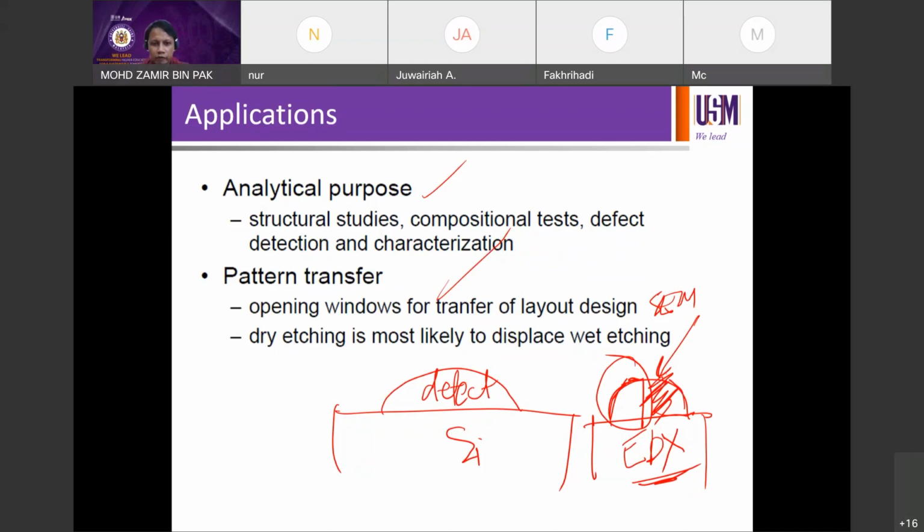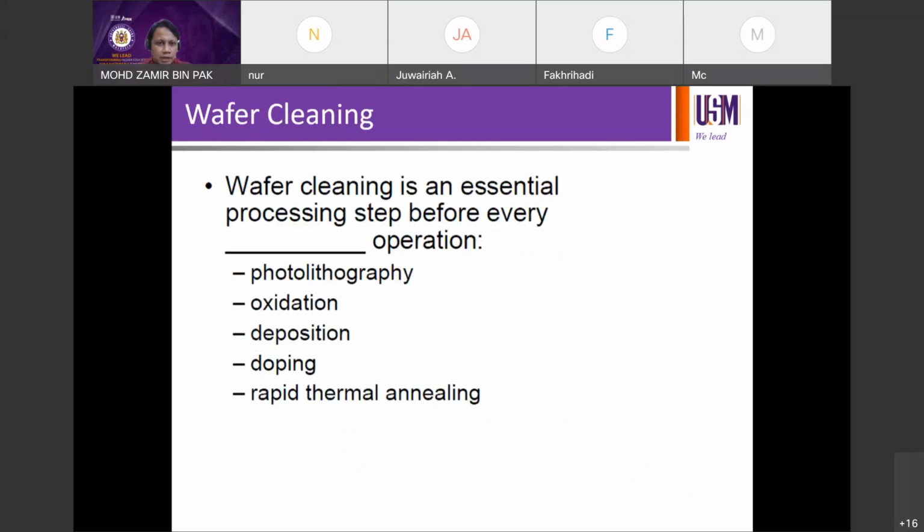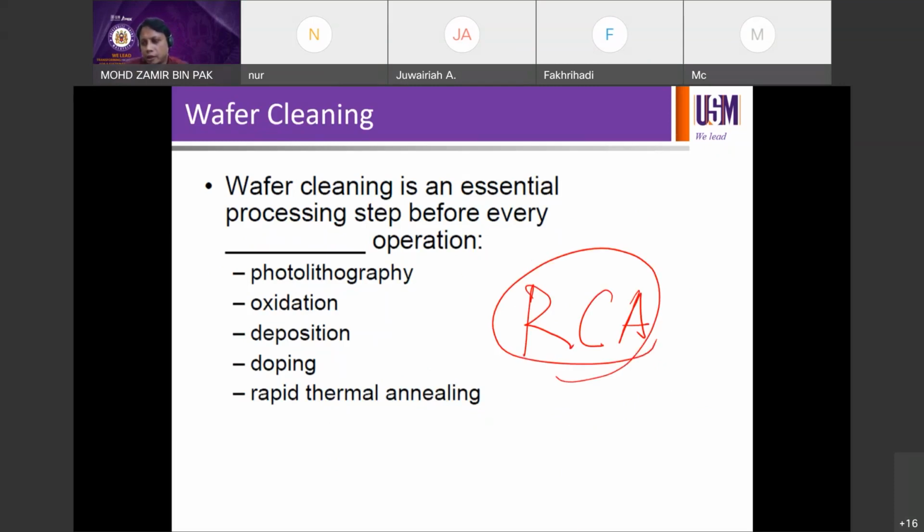Pattern transfer for lithography, okay, we have already discussed. So wafer cleaning is also another form of etching. The other day we discussed the RCA, Radio Corporation of America, right? A patented process by Radio Corporation of America, but it's actually a cleaning process. To be able to do a cleaning process, you have to remove the defects, right?